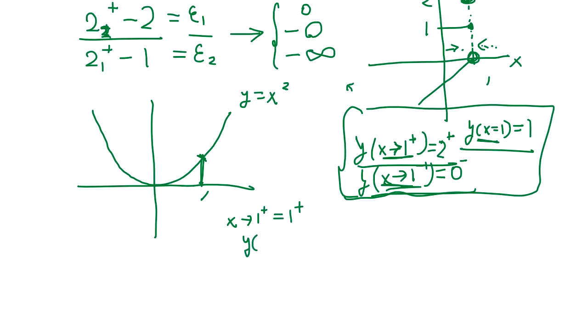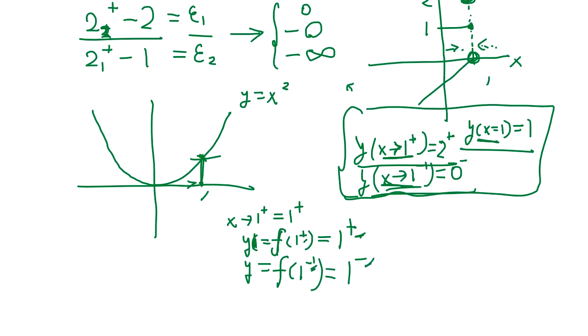What is this real number? f1 plus. Well, it's going to be 1 plus, right? For the negative side, it will come from this side, then it's going to be 1 negative. So we always have this for this real number.